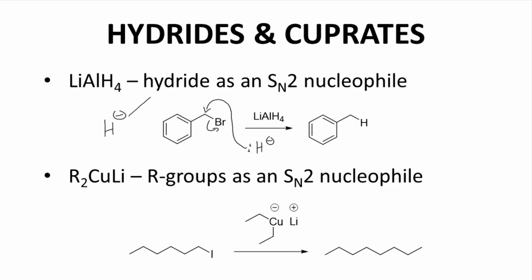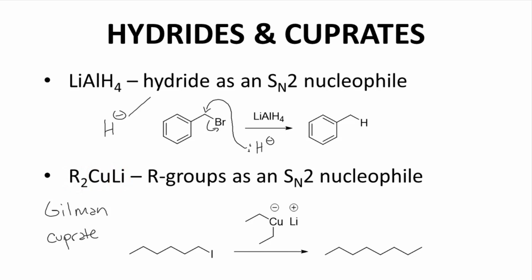The second nucleophile is an organometallic reagent called a cuprate. To be fancy, this is a Gilman cuprate with two R groups on copper, which formerly has a negative charge, and lithium as a counterion.